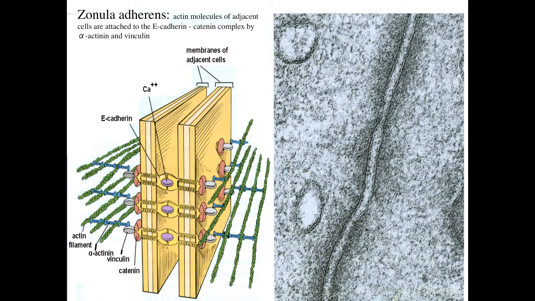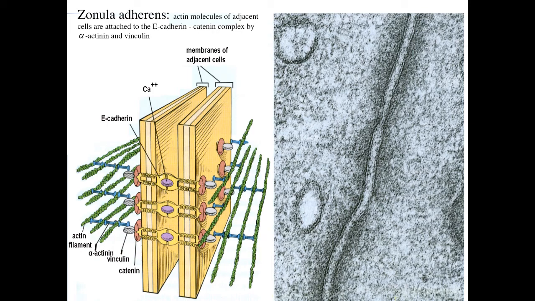Here is a diagrammatic view of the zonula adherens. It's showing cytoskeletal components like actin molecules in adjacent cells. So this would be a region of one cell, and this would be a region of another cell. Here are the actin molecules shown in green, and various other cytoskeletal components like alpha-actinin and vinculin.